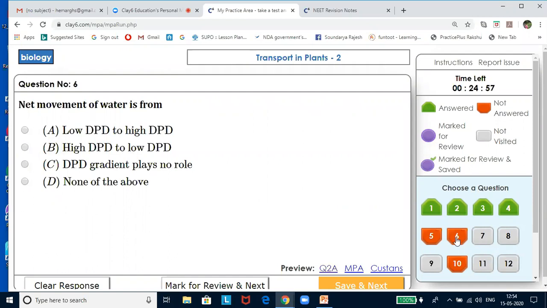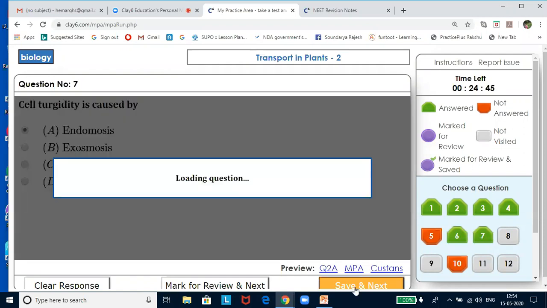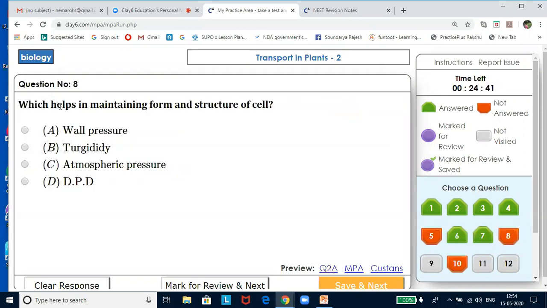Net movement of water is from lower DPD to high DPD. Cell turgidity is caused by endosmosis, which helps in maintaining form and structure of the cell. So it is the turgidity.